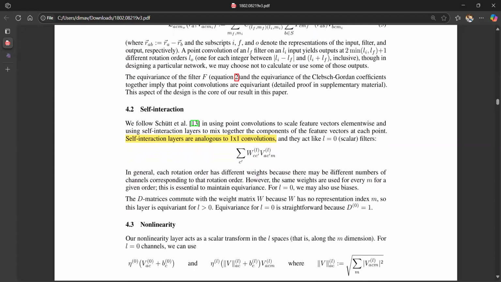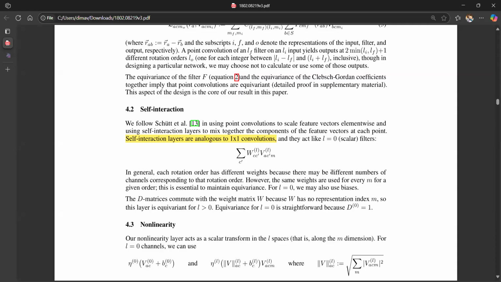Okay, so they also use something called self-interaction layers, which are just rescaling pointwise scalars, right? And they even say that it's analogous to one-by-one convolution.